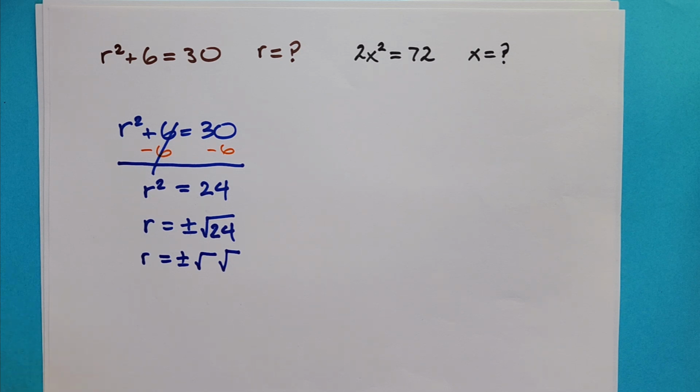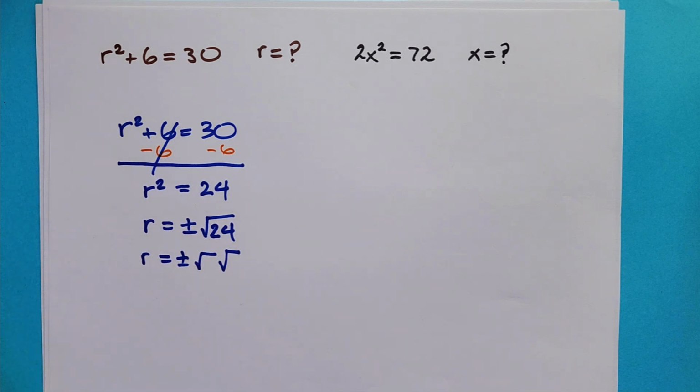Now, if you don't have your perfect squares memorized, you should go ahead and have them at your side when you're doing any topics like the quadratic formula or the square root property or Pythagorean theorem. You want to just know those squares. That would be the best thing to do, is just to know the perfect squares, at least up to 20 squared, which is 400, or at least have them in a list at your side.